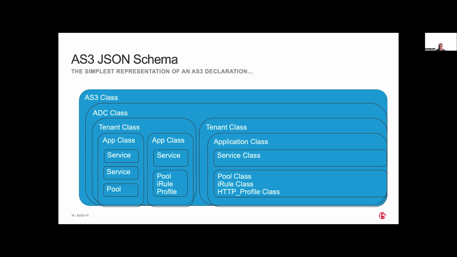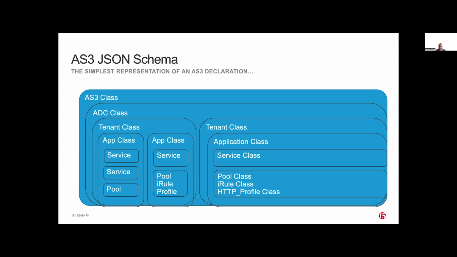If you need to deploy a virtual server, you need an API to deploy that. We need a REST API for pool members. You need a REST API for nodes, monitors, profiles. So you need multiple APIs to do that, right?